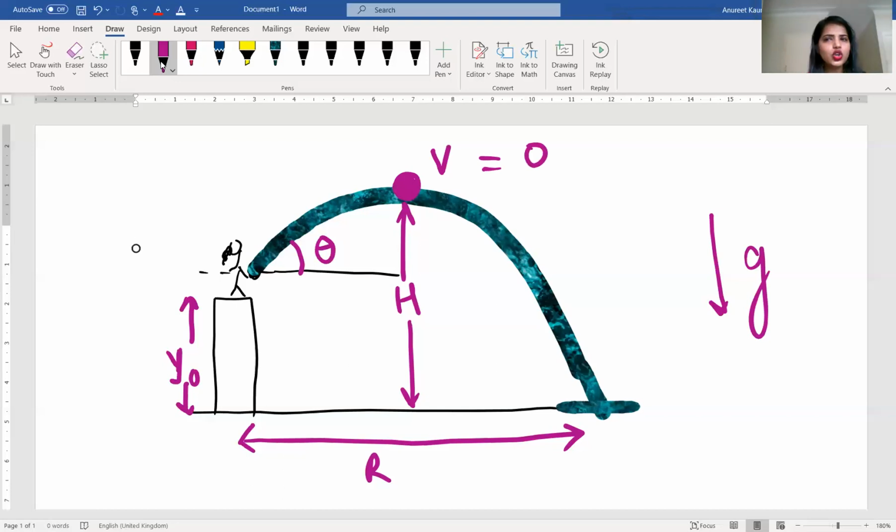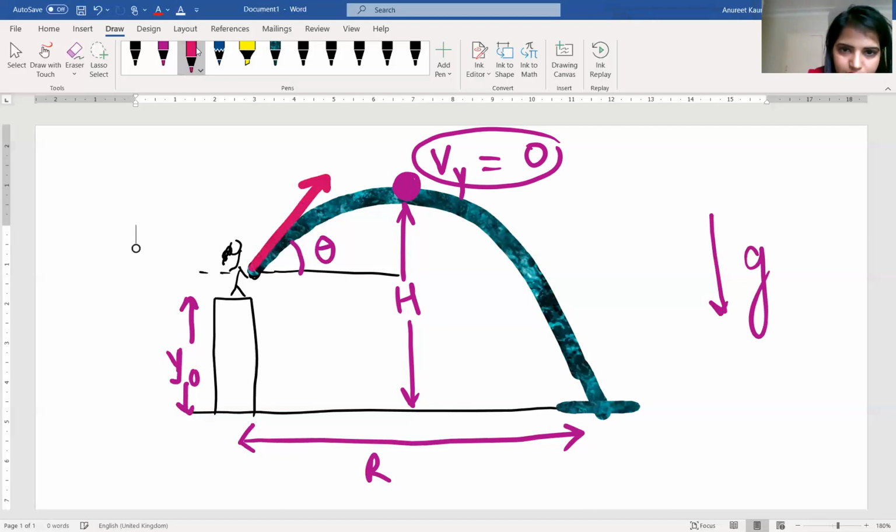But which component of velocity will become 0? Is it the horizontal or the vertical component of velocity? Now, because we are dealing with the vertical component of acceleration, it is the vertical component of velocity that becomes 0 at this point, right? Now, let's say my initial velocity is u at some angle theta, right?